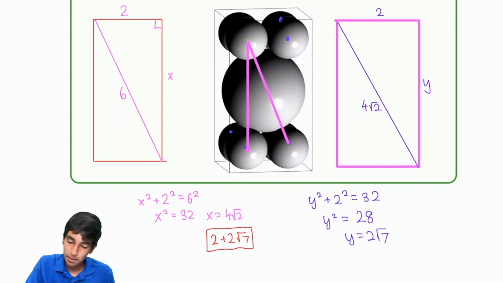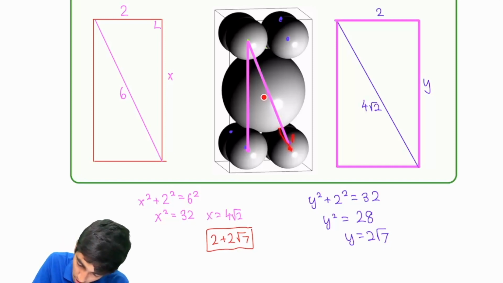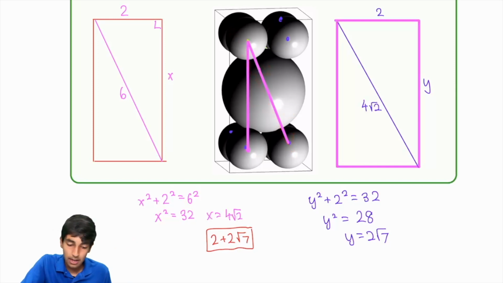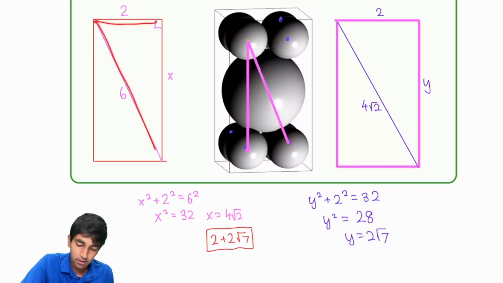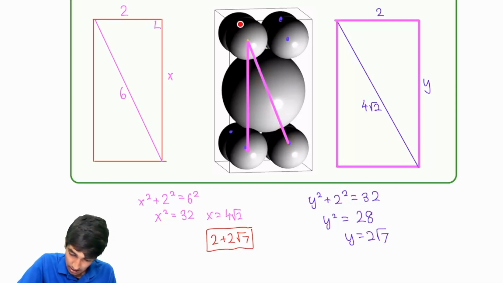Let's quickly recap the main steps. The first thing to realize was that this whole tangency thing, we want to draw the radii. We have 1, 2, 2, and then back there 1 again. So we use that 6, as well as this distance 2. We used all of that, and we used Pythagorean theorem, and we found the value of x, which was this distance here, 4 root 2.